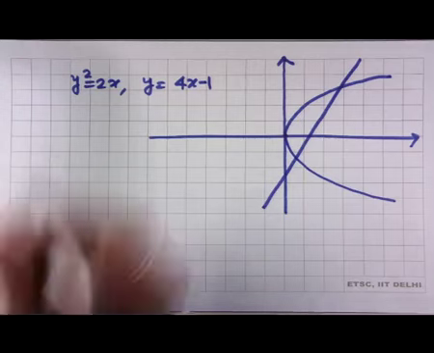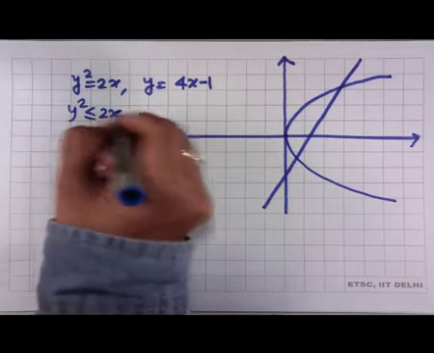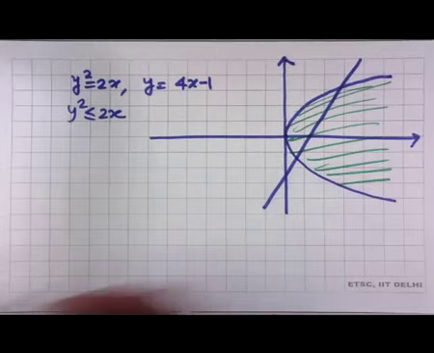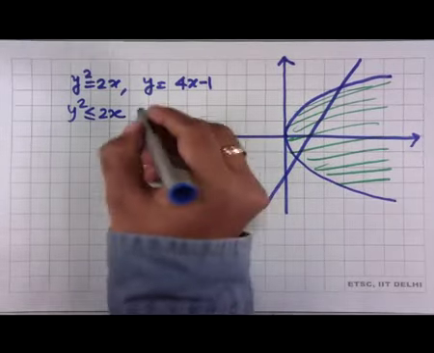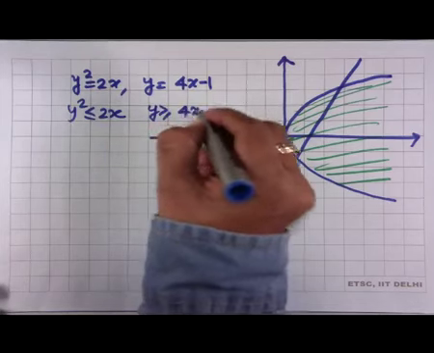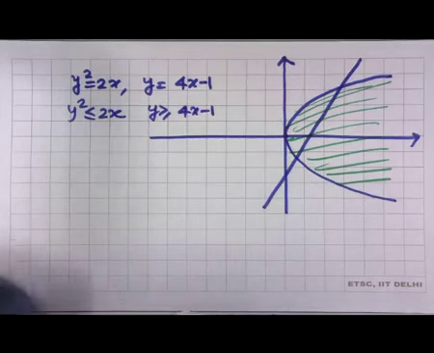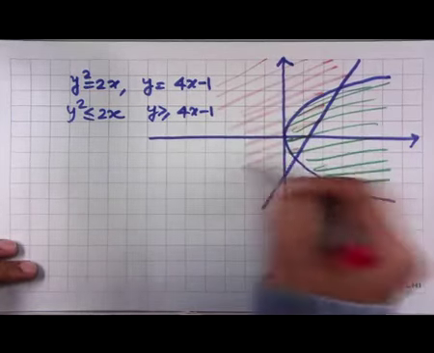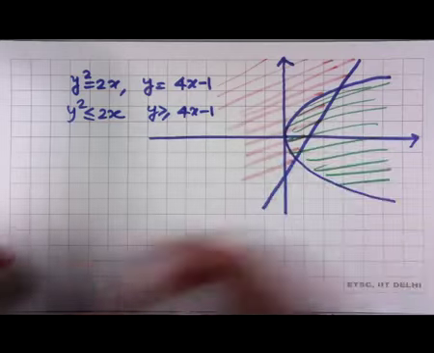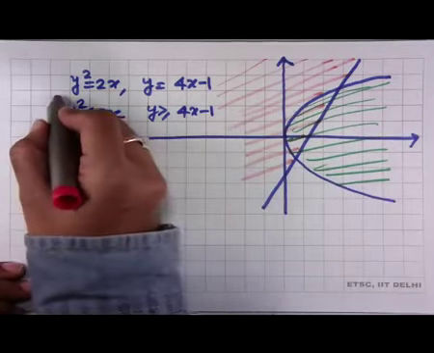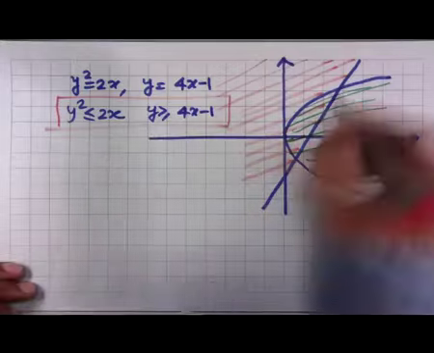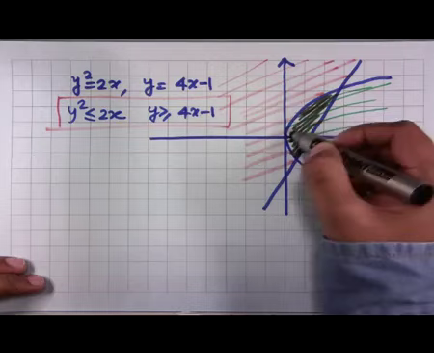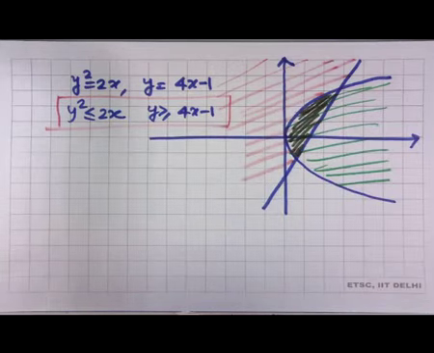So, your y square less than or equal to 2x is the area shaded by green color and y greater than or equal to 4x minus 1 is the area shaded by red color. So, the common area that is satisfied by both the inequalities is this area. So, we are supposed to find out this area.